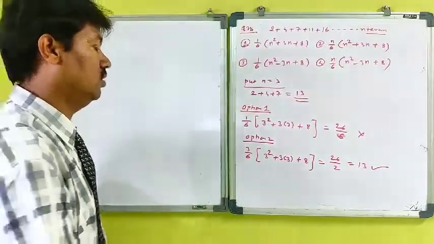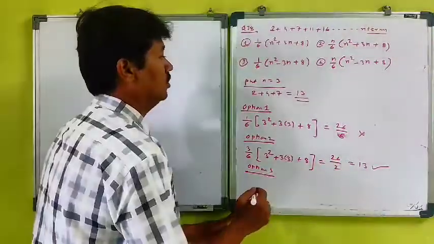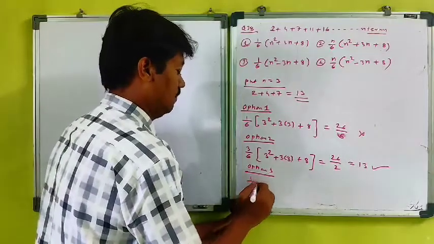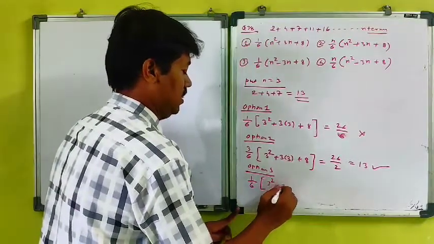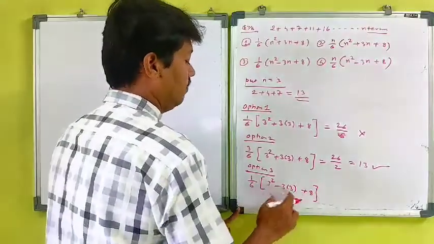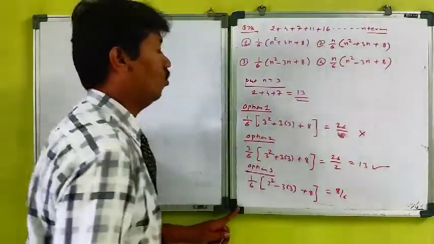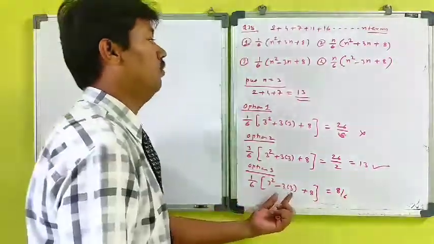If you have doubts, we can check option 3 as well. Option 3, 1 upon 6, 3 square minus 3 into 3 plus 8. So 9 minus 9 is out, so it is 8 upon 6. And option 4, again the middle value will be 8.